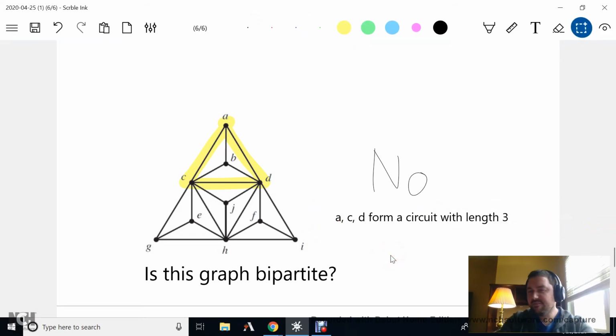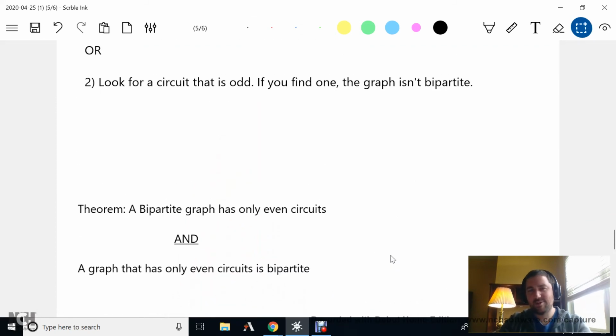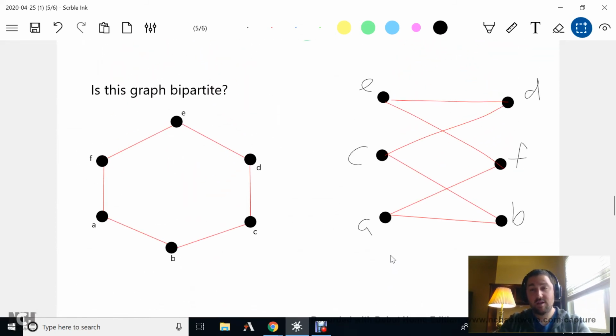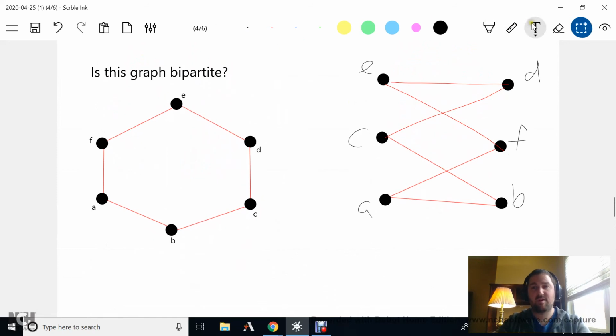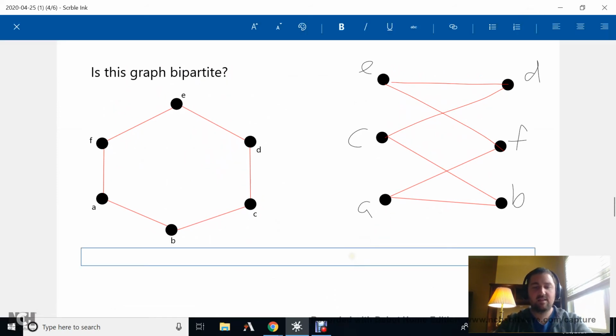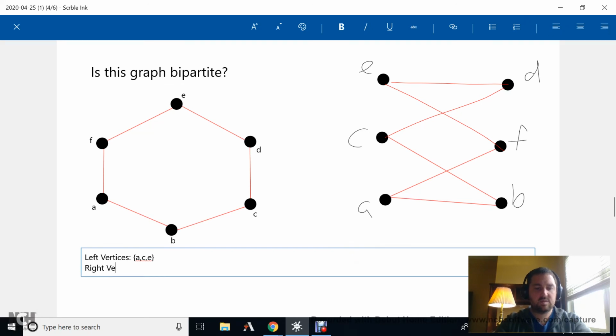Now, if you're really feeling lazy and you don't want to actually draw a bipartite graph, you could just say a graph is bipartite, and you could say left vertices are A, C, E, right vertices are B, D, F. Okay?